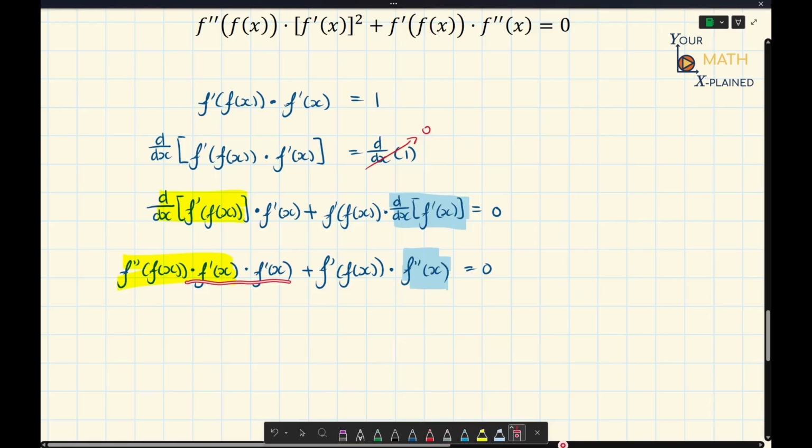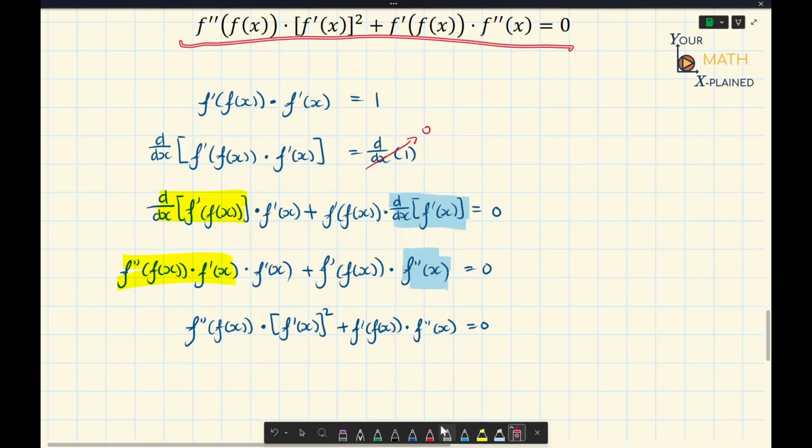So we have f prime of x times f prime of x, so we can rewrite that as f prime of x squared. Which means our final answer here is going to be f double prime of f of x times f prime of x squared plus f prime of f of x times f double prime of x is equal to 0. And that is exactly what we're trying to show up here. And so this is where we would stop.